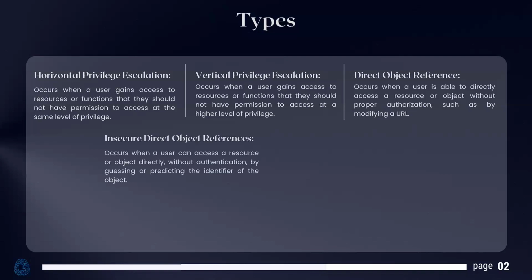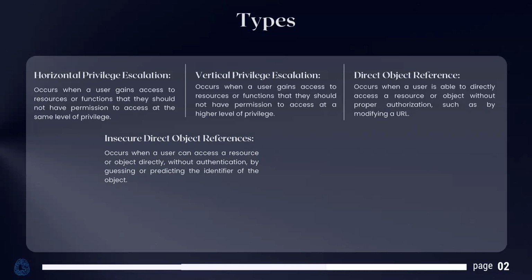Now, next is insecure direct object reference. It occurs when a user can access a resource or object directly without authentication by guessing or predicting the identifier of the object. So basically, in simple terms, every user has their own user ID, customer ID, or other customer records.